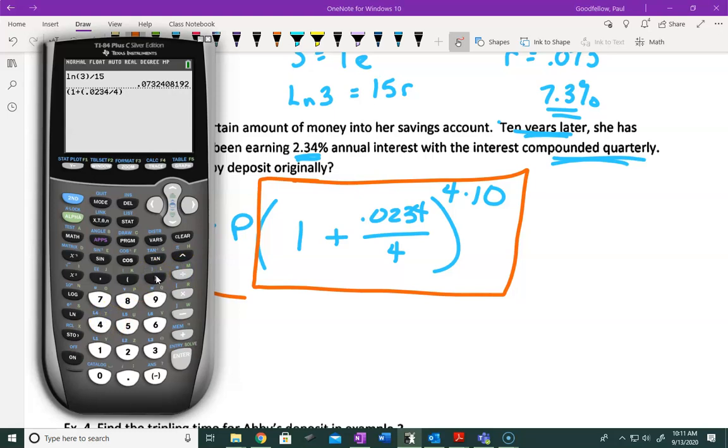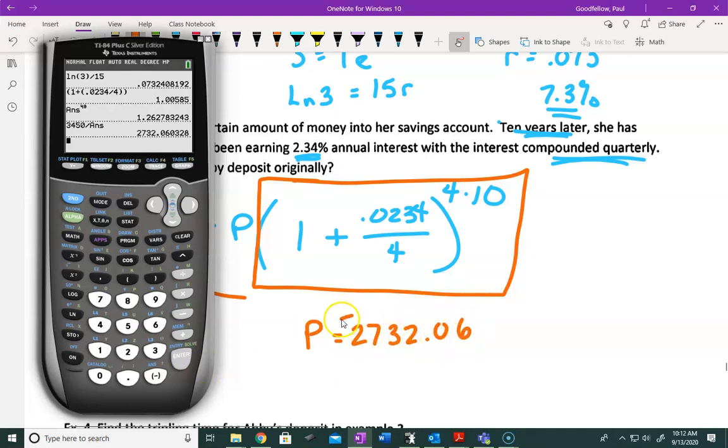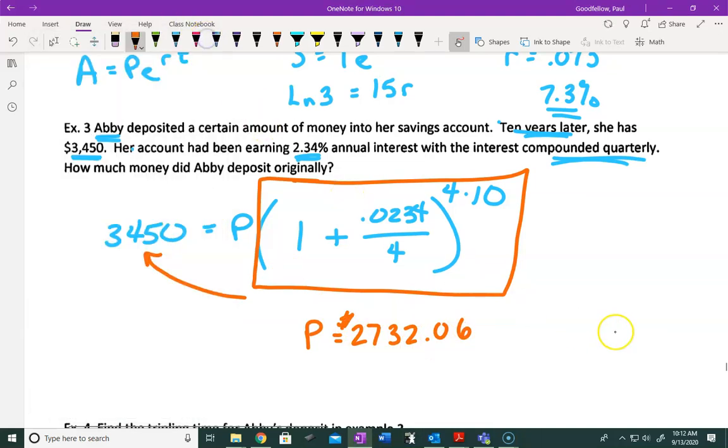And ultimately, I would almost say it might be better to get just the answer to the base, which is this piece, and then raise that answer to the 40th power, and then take your 3,450 and divide by that answer that you previously got. And the amount of money that she put in there was $2,732. And we'll put down the 6 cents too, just because it does matter. Pennies matter.